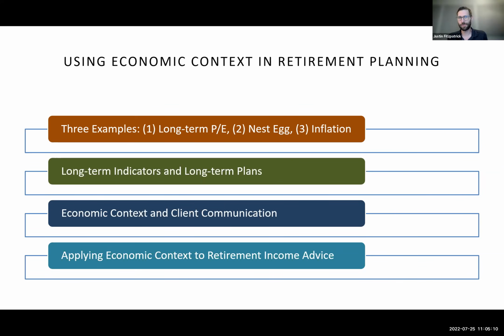I think you'll see throughout that the data shows that both the longer the plan that we're applying this to, and the longer the economic measure is in terms of how quickly it moves, so we want it to move rather slowly, the better these indicators are for helping provide better retirement planning advice. So this isn't really the equivalent of day trading or stock picking. It's much more about long-term strategic positioning in retirement income planning.